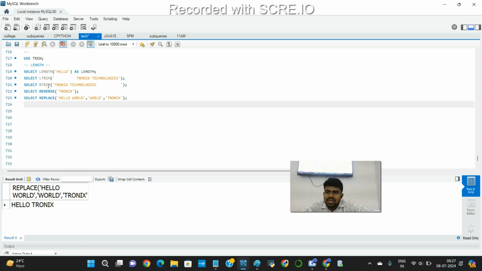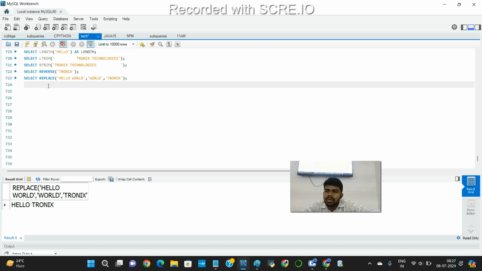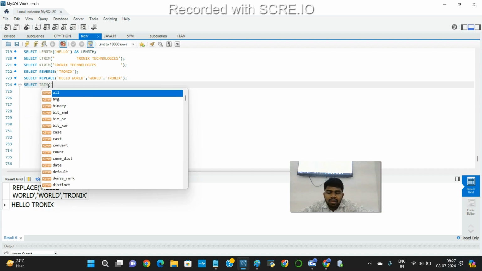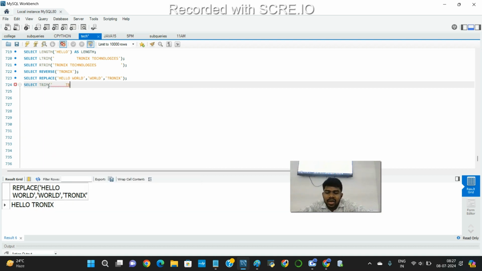Let's discuss some more: LTRIM, RTRIM, and in a similar way, TRIM is also there. TRIM is used to remove white spaces at the starting and ending of the string.